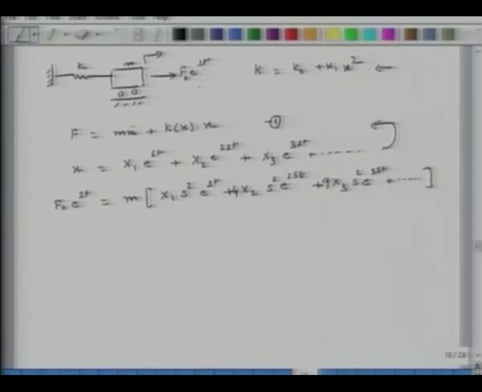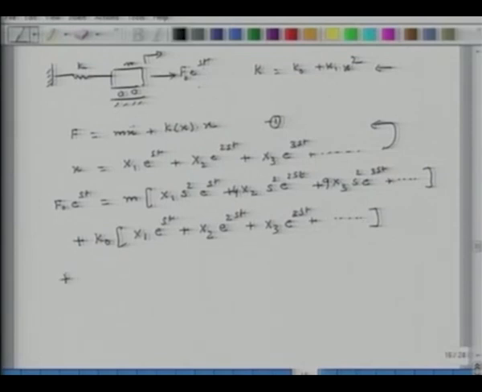So that is mass, plus K naught times x1 e^(st) plus x2 e^(2st) plus x3 e^(3st), plus there is an infinite number of terms here.